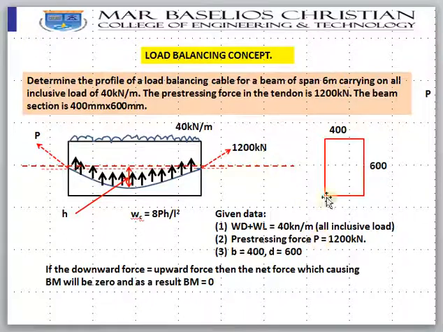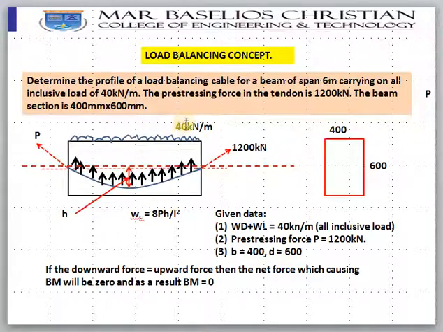Pre-stressing force P is 1200, b is 400, and D is equal to 600. So our aim is to find out h, because P is given and L is also known to you.